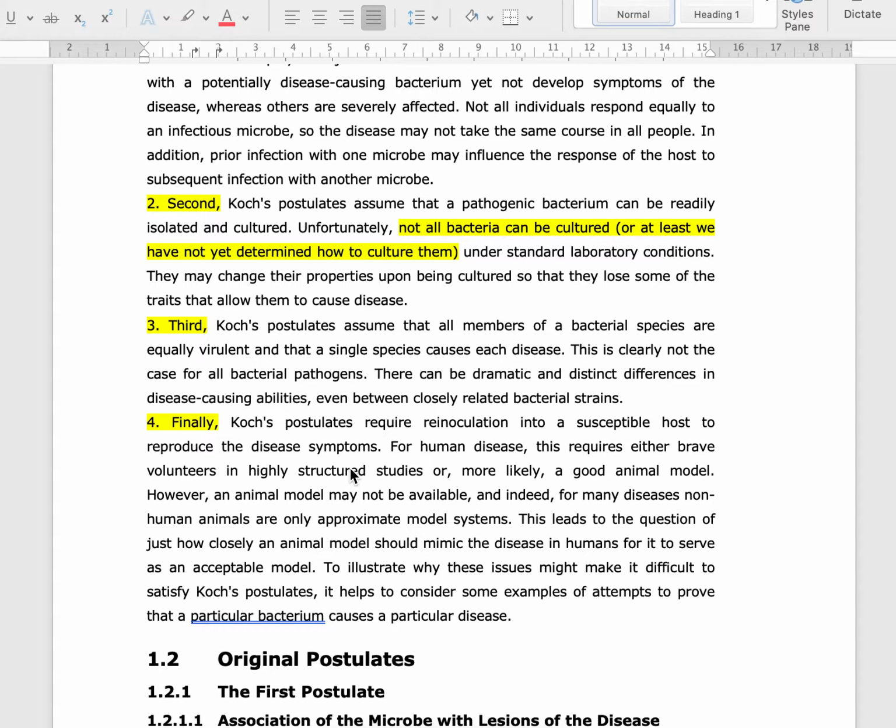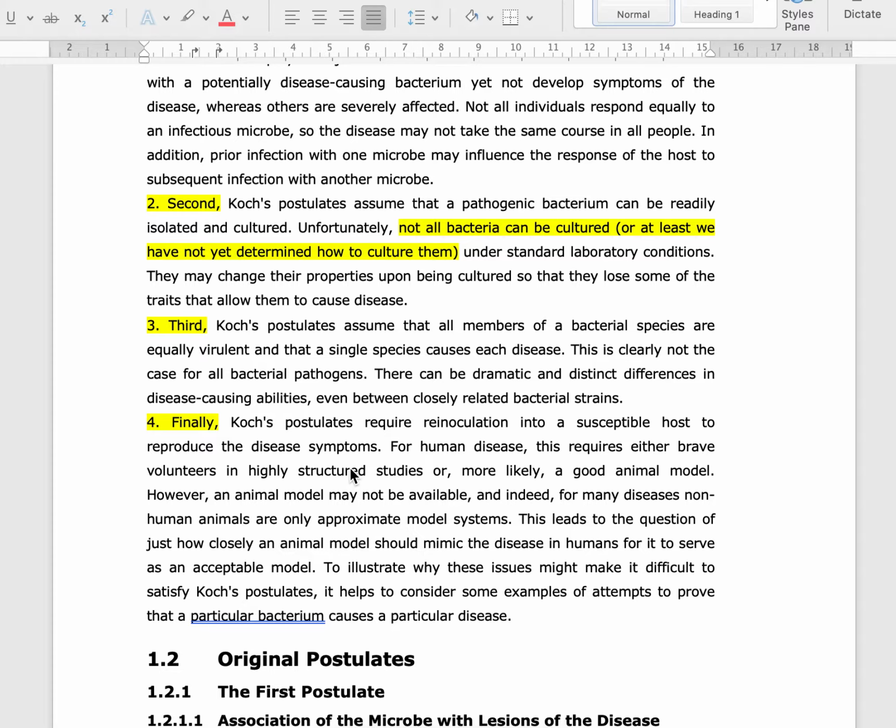We just cannot inoculate a healthy host with a pathogen. That's why it is a very big limitation. Although we can isolate the putative pathogen in a pure culture, we cannot simply inoculate it into a healthy host.